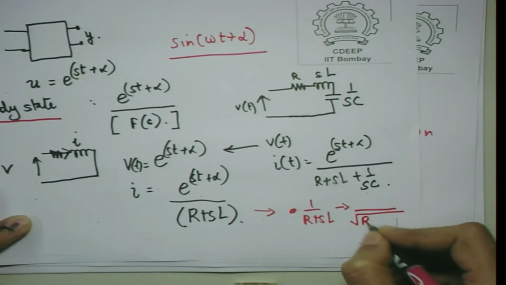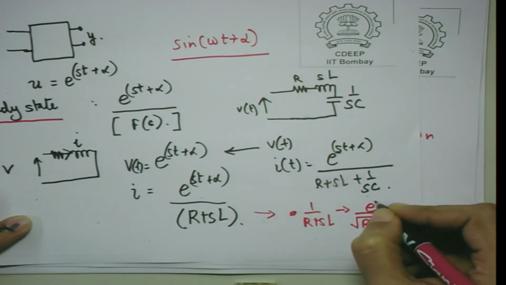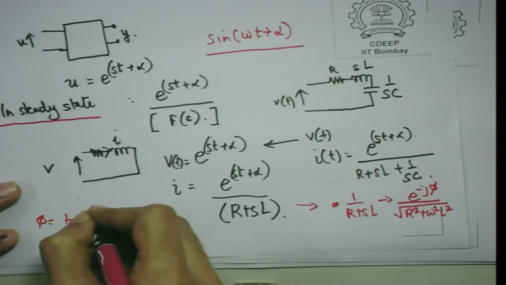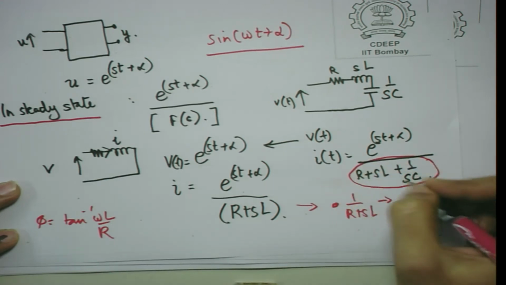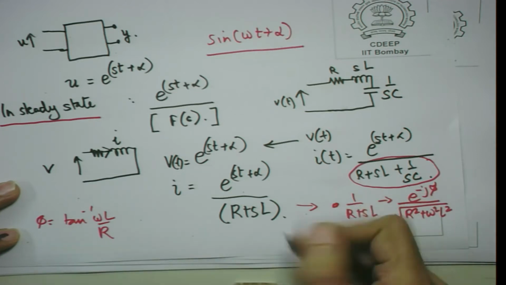1 upon square root of R square plus omega square L square, and you will get this phi, where phi is equal to tan inverse omega L by R. Similarly, you can plug in s equal to j omega here and also get a magnitude scaling and a phase scaling. In this case, of course, it is very straightforward for an RL circuit.